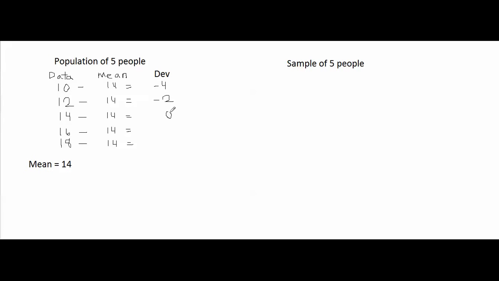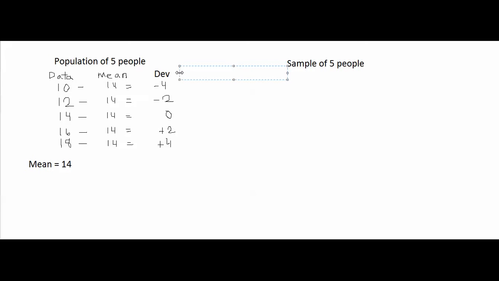This is 0, plus 2, and plus 4. I've just subtracted each data value by the mean. Now, after subtracting each value by the mean to get deviations, well, before we've been doing a column of absolute deviations, but if I'm not planning on calculating the MAD, I actually don't have to get the absolute deviations.